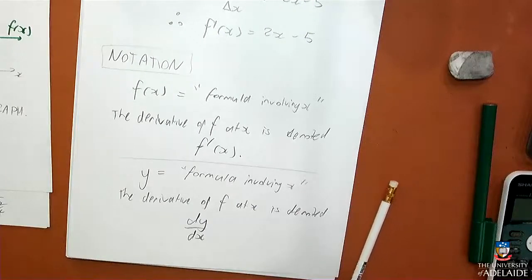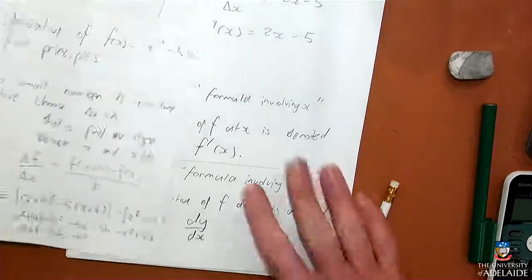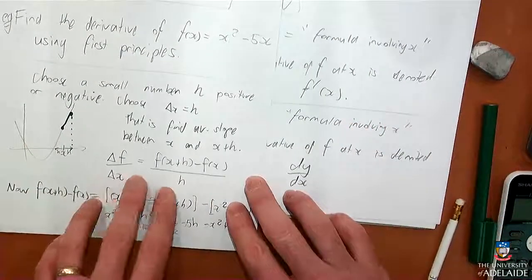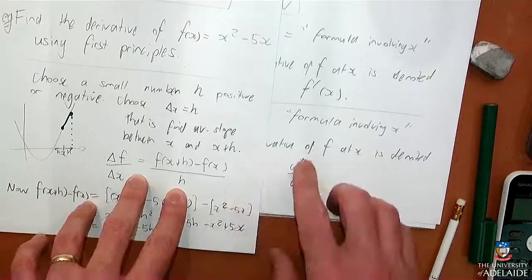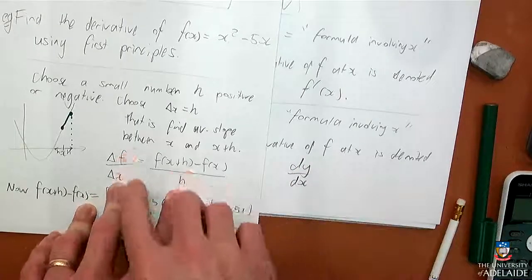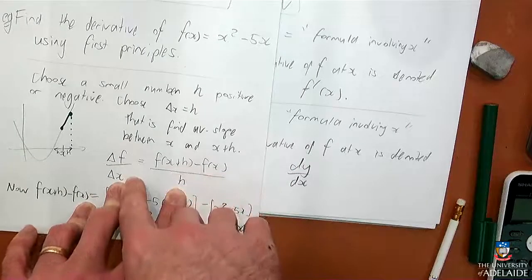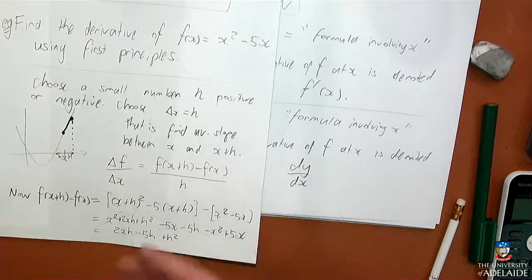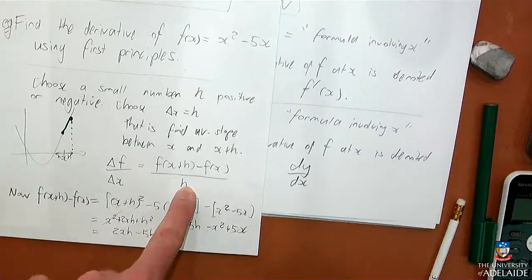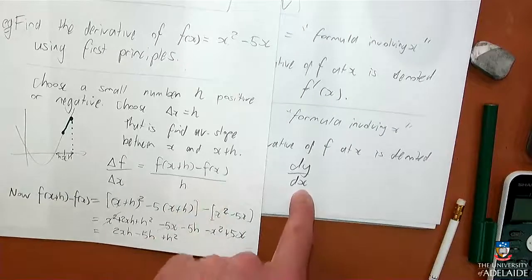So this d stands for difference as well. It's a difference in y divided by a difference in x. It's just that when the difference in y and the difference in x is really, really tiny, this is what I get. So it's by analogy here. This delta f over delta x and this dy over dx are similar. This is the average rate of change for a size of x that we can figure out what this h is. And this is what you get when you make the h go to 0.